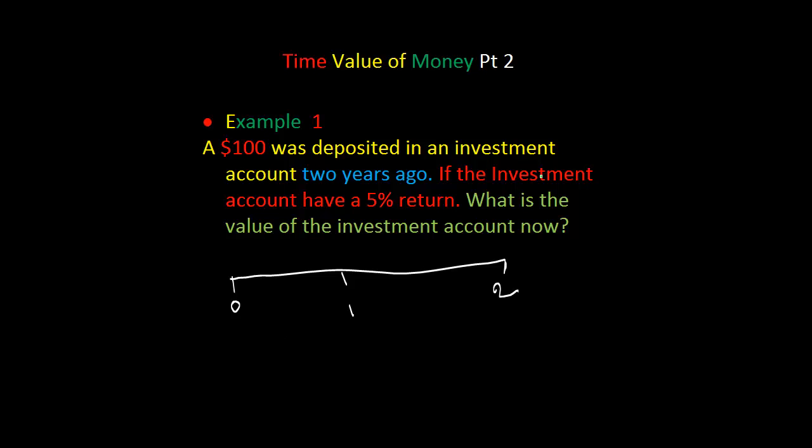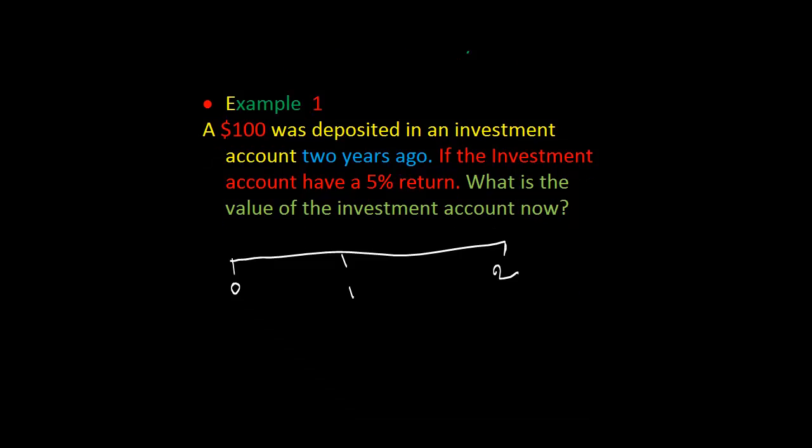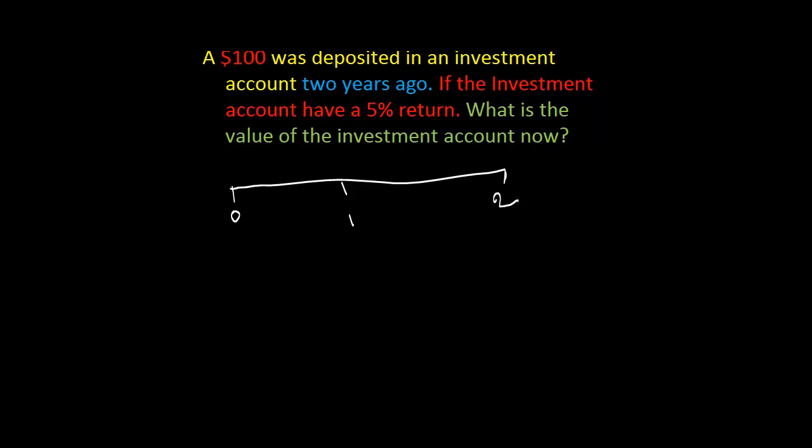Now, if the investment account has 5%, that tells us that our R is equal to 5%, and that is equal to 0.05. Now, we invested the $100 at t equals 0, so we can say that our present value is equal to $100.